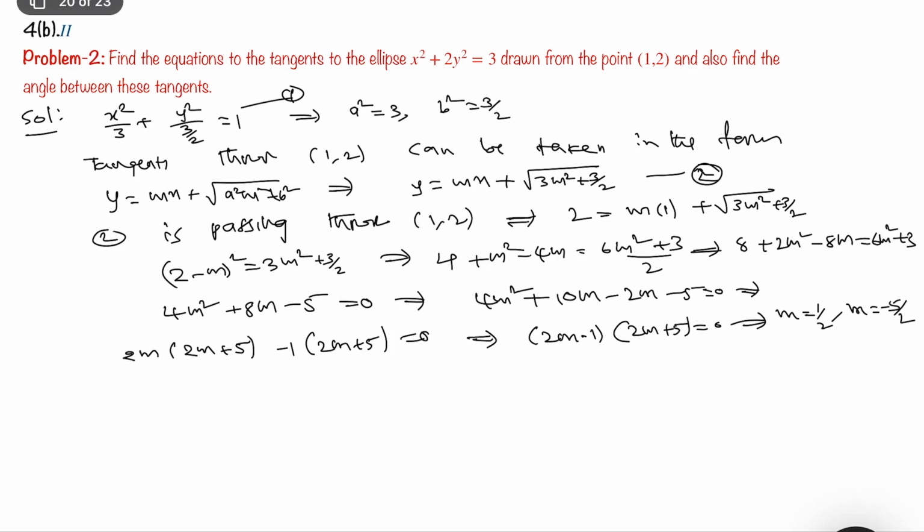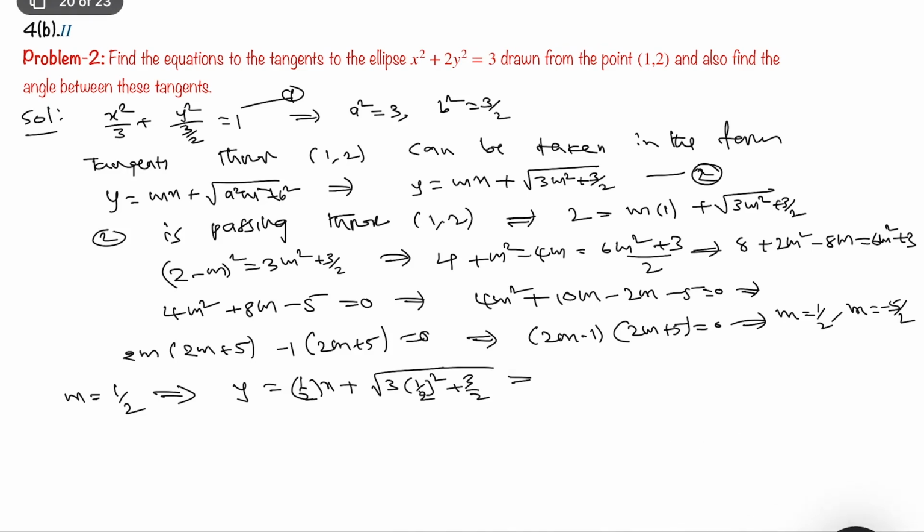For a given ellipse, there will be two tangents that are passing through given point 1 and 2. One having the slope m equal to 1 by 2, other having the slope m equal to minus 5 by 2. M equal to 1 by 2 will give you the tangent y equal to 1 by 2 times x plus under root 3 times 1 by 2 whole square plus 3 by 2.